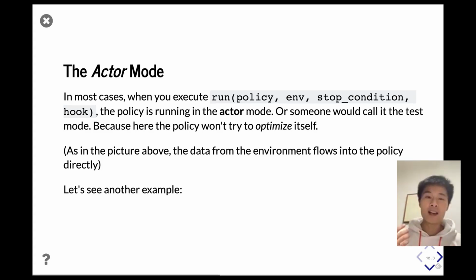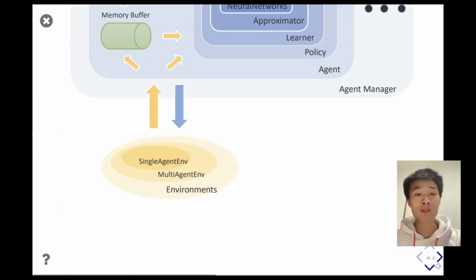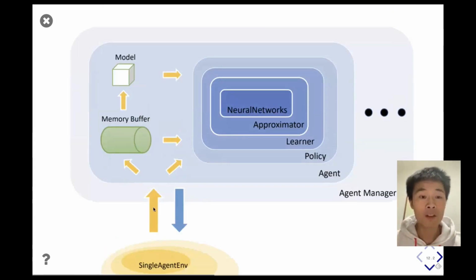It simply takes the state from the environment and passes it to the policy. Then the policy returns an action. The policy usually is a pure one. In the above picture, the state follows the yellow arrow and passes directly to the policy. The policy generates an action and passes it back to the environment.